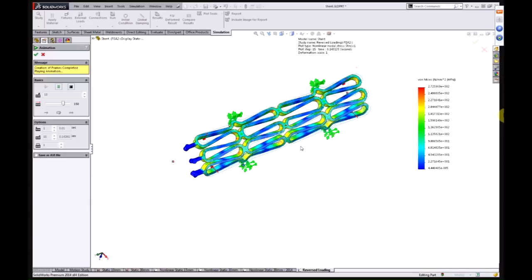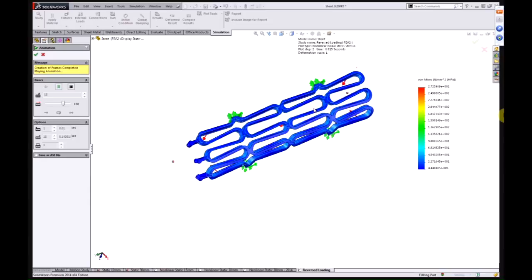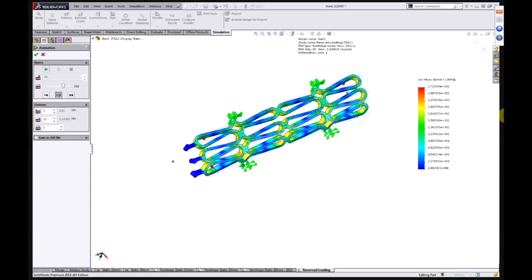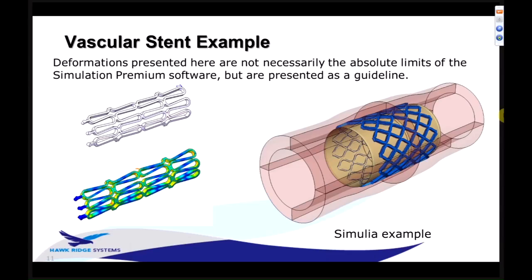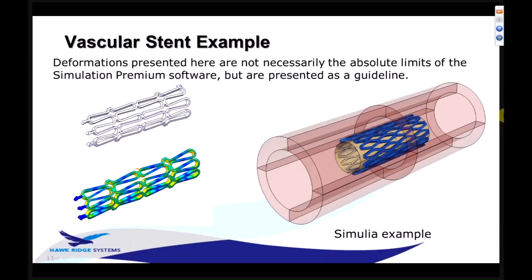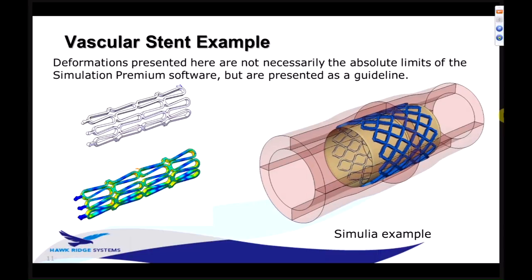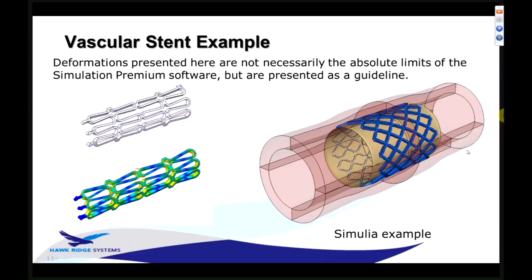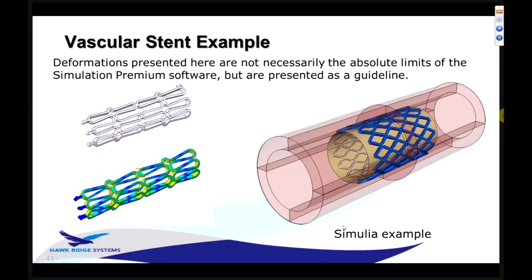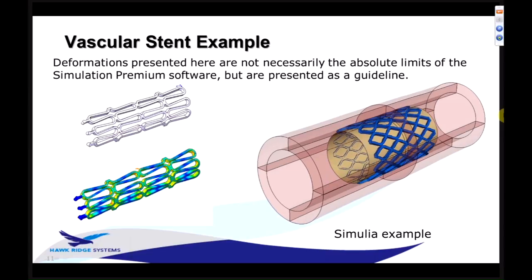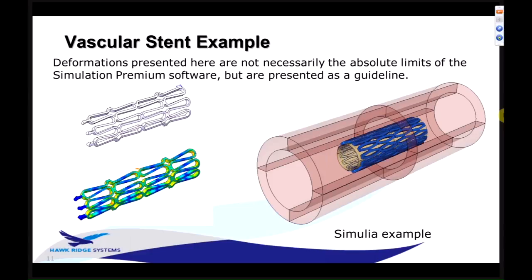In this little graphical example here, we have two sets of contact interaction. We've got an internal balloon, and an external arterial vessel wall that we're deforming, made of a biomaterial, so we've got a unique material model for that. We've got a nitinol material model for the stent. And so Abaqus is better equipped to handle the large distortion and the contact conditions all at once.